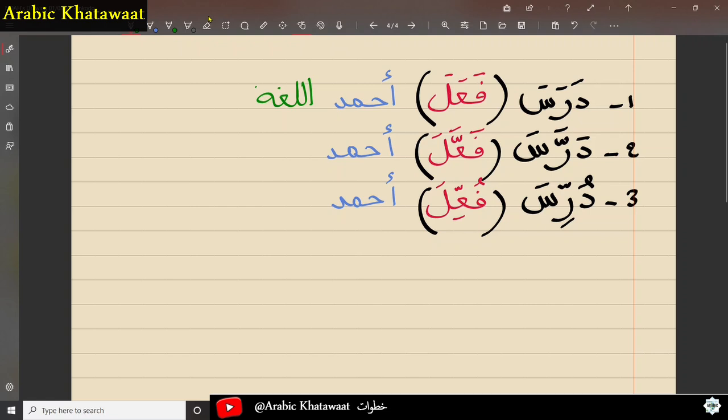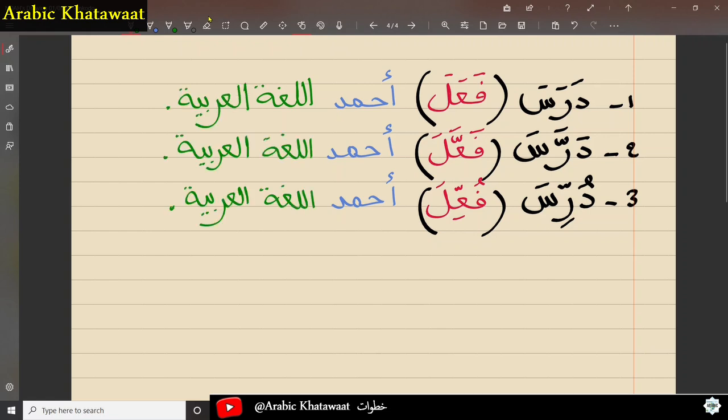But all 3 sentences have completely different meanings. The only indication to the different meanings is the way you pronounce the verbs. So the pattern indicates the meaning of the sentence. So the pattern of verbs.